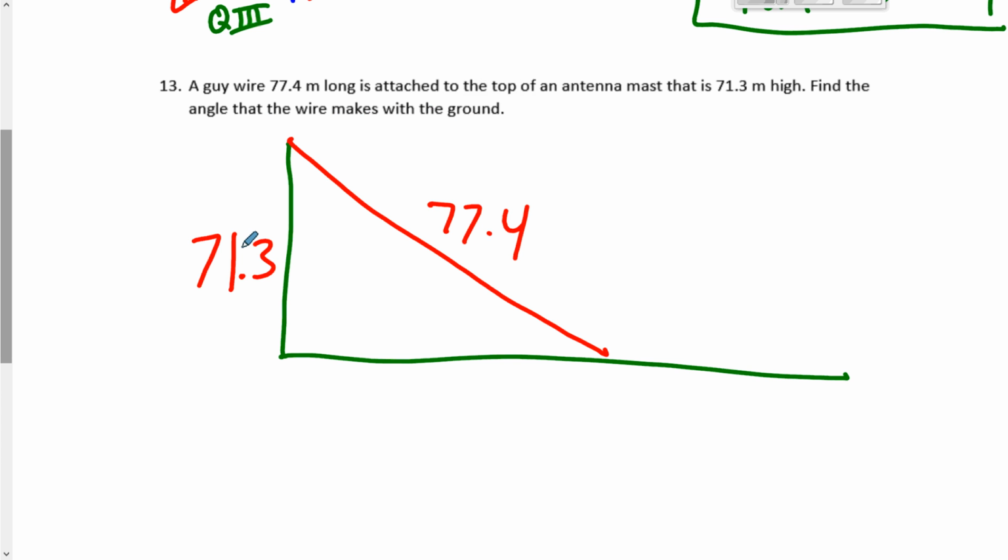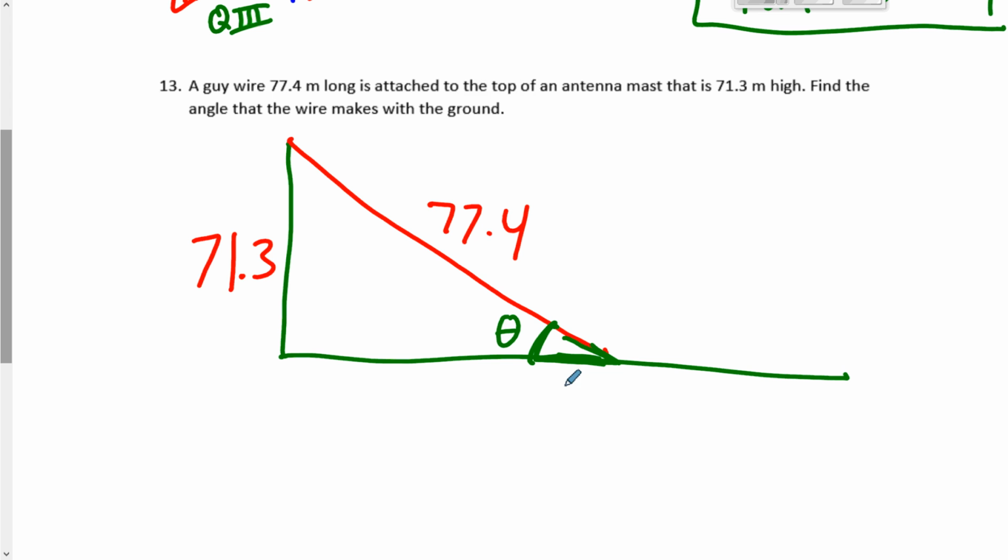So here's the ground, right? And here's our wire. So we're looking for this angle right here. You can go ahead and label whatever you want. If you want to label it theta, this is theta. What is that angle that the wire makes with the ground?